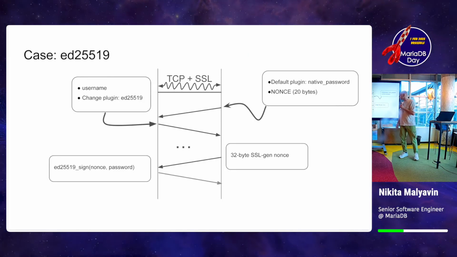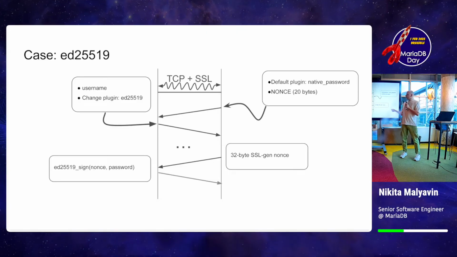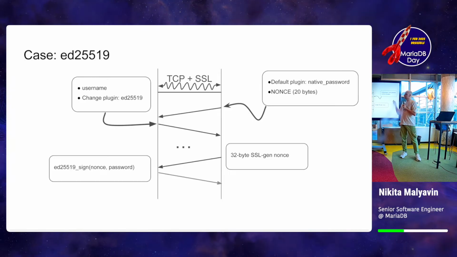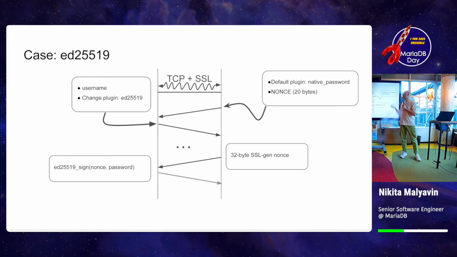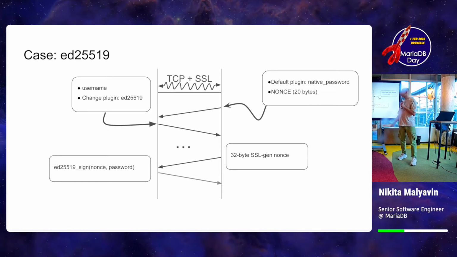What happens there? First, this plugin sends its own nonce, and it's 32 bytes long. And in comparison to the nonce that the server is typically sending, it's also generated by SSL. So extra protection and a bigger size.